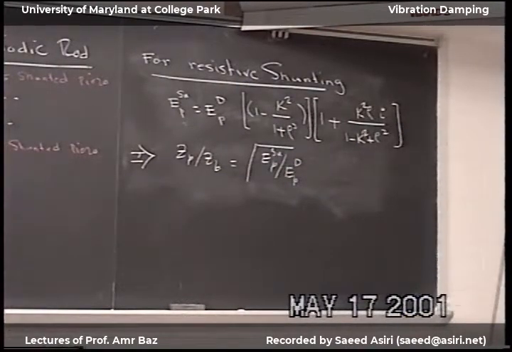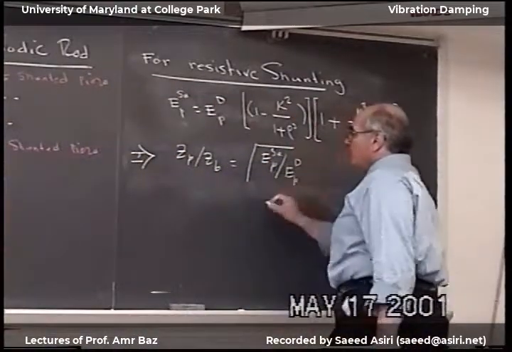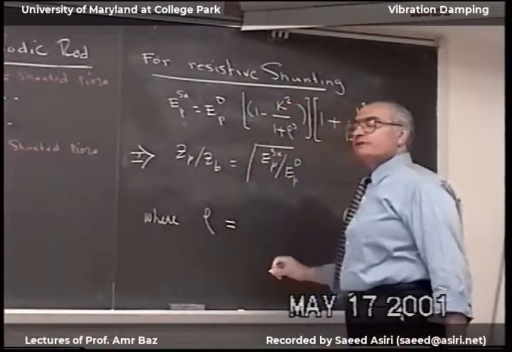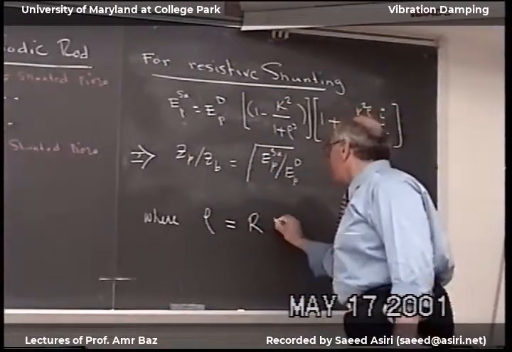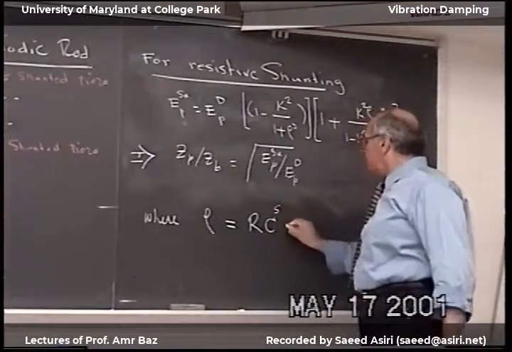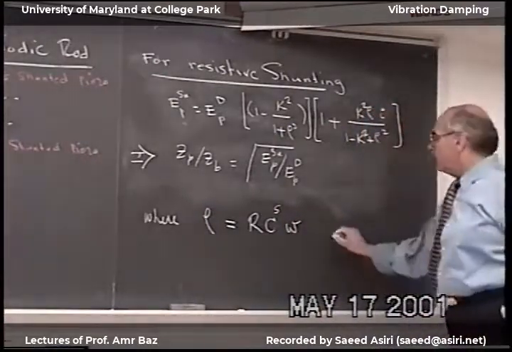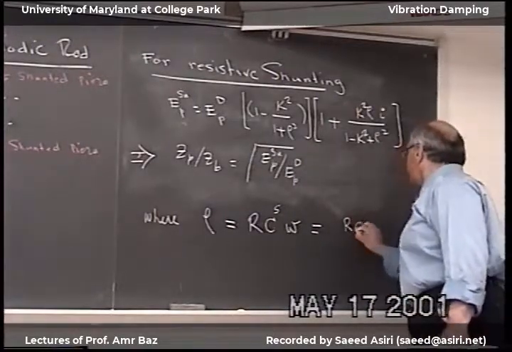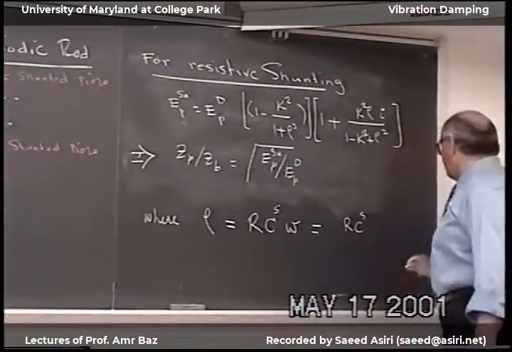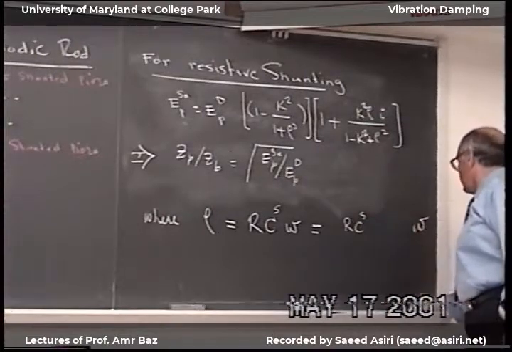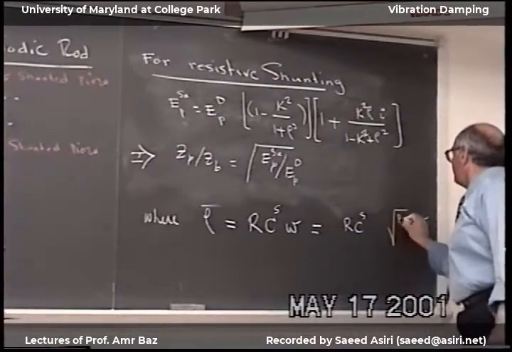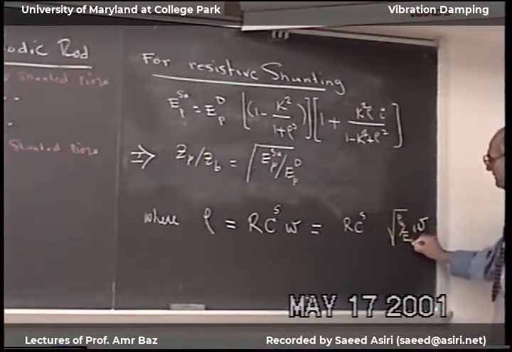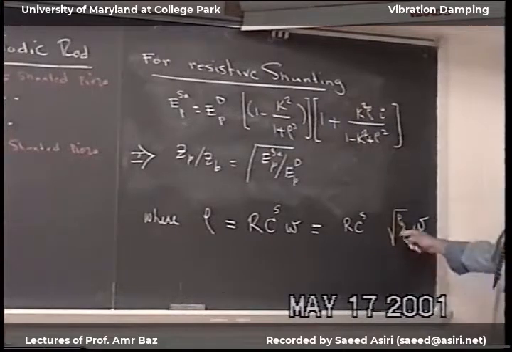Okay, one more thing is here, where this rho is the resistance times the capacitance times omega. And I'm going to rewrite this as R C_S and then omega. I'm going to multiply here by the square root of rho over E of the base rod, and then divide by it.